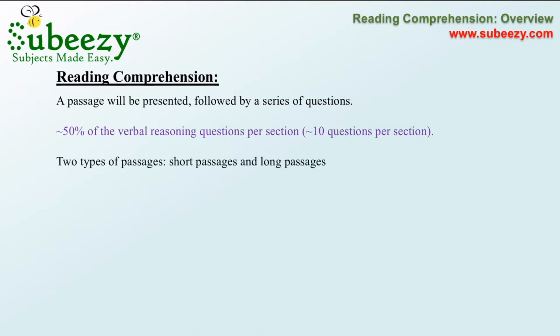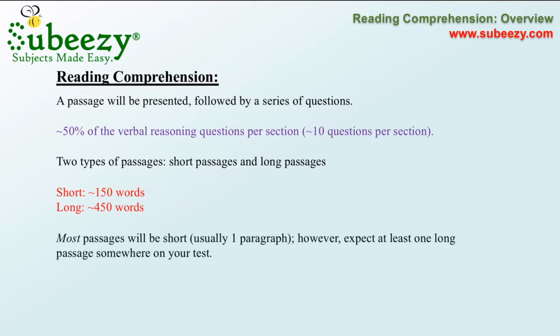There are two types of passages. There are short passages and long passages. Short passages will be about 150 words in length. Long passages will be about 450 words. Most passages will be short, usually only one paragraph.